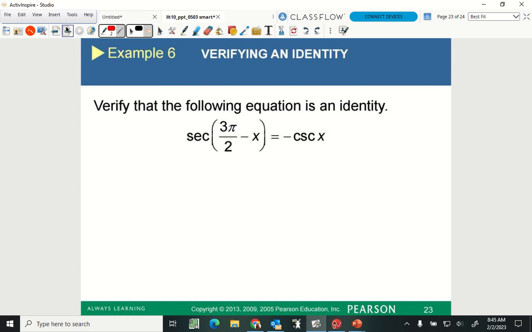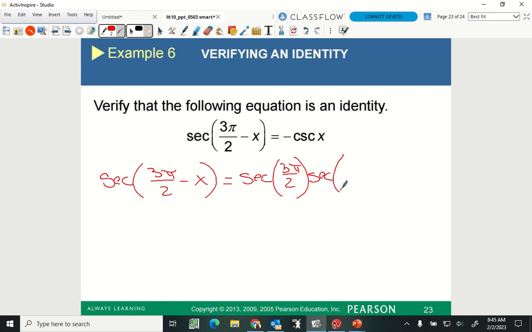So it's going to be secant of... is going to give me cosecant, CSC.